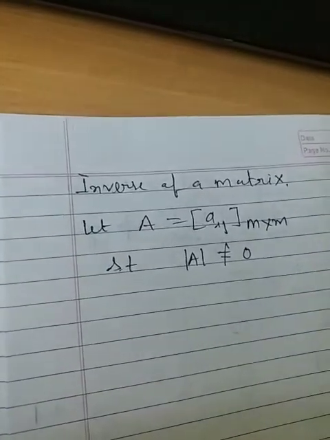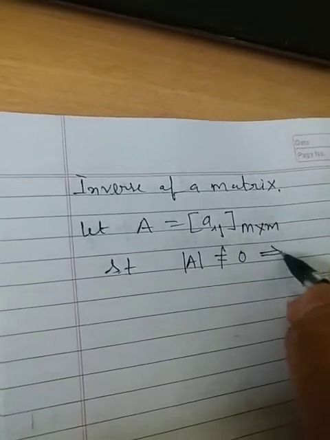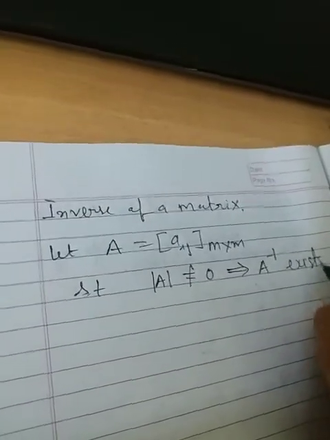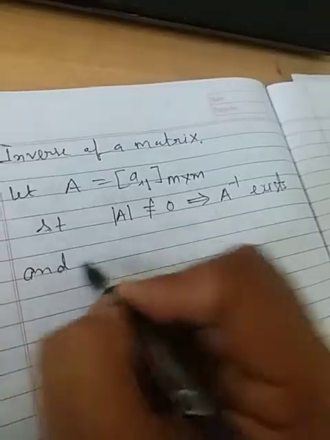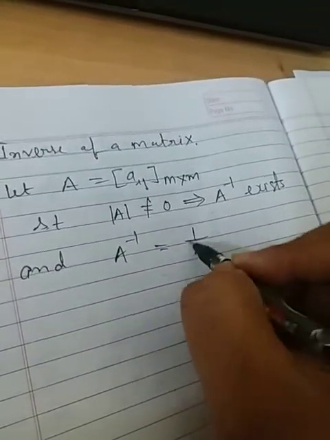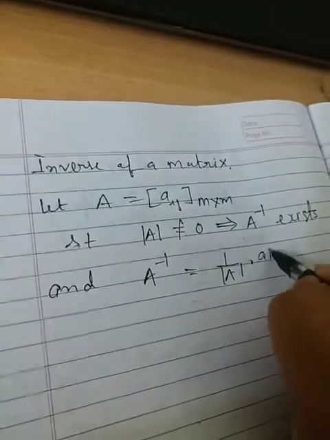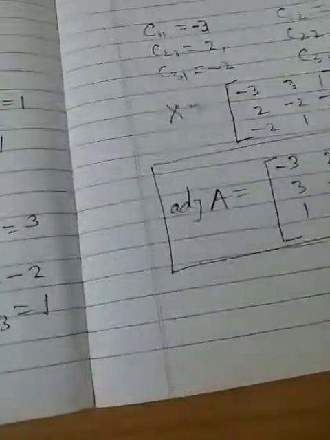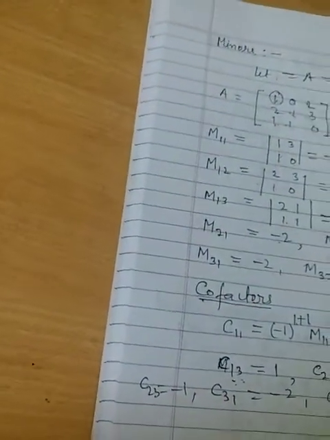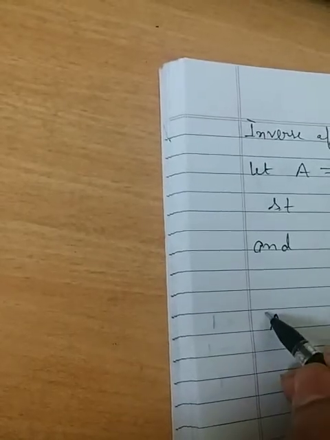Only in this case does the inverse of this matrix exist, and you write A inverse as 1 by determinant A into adjoint of A.